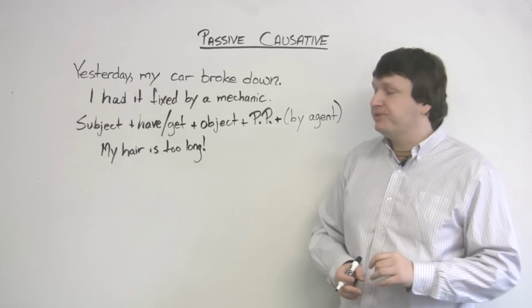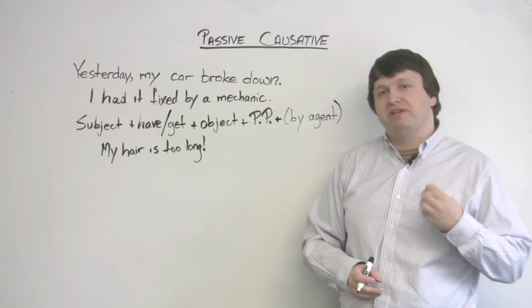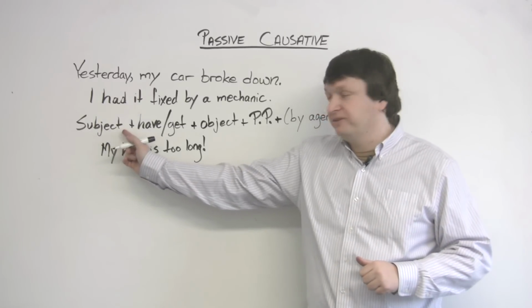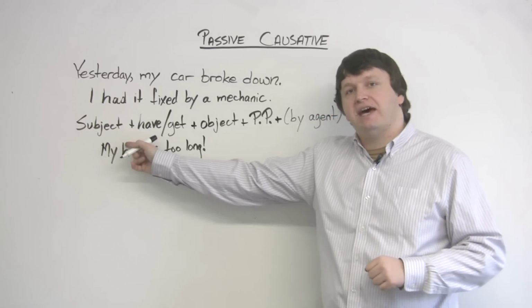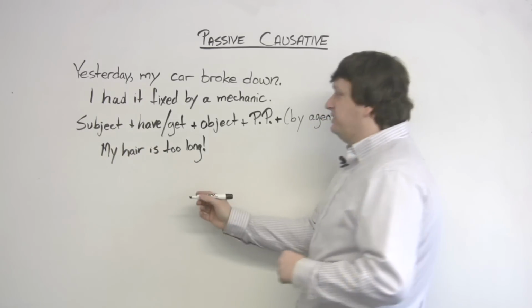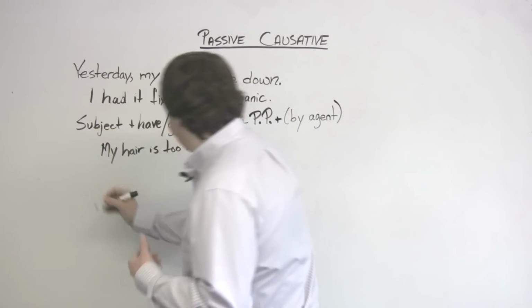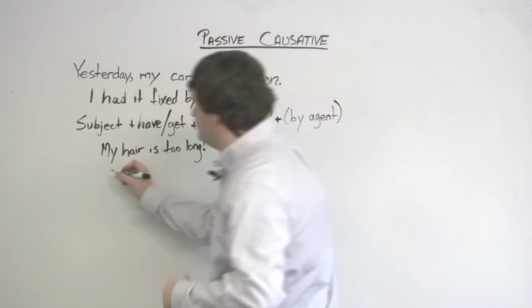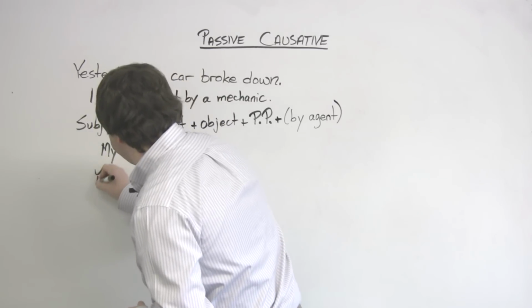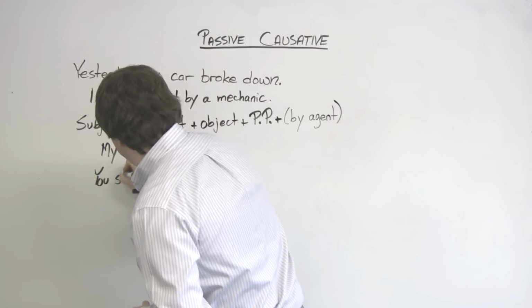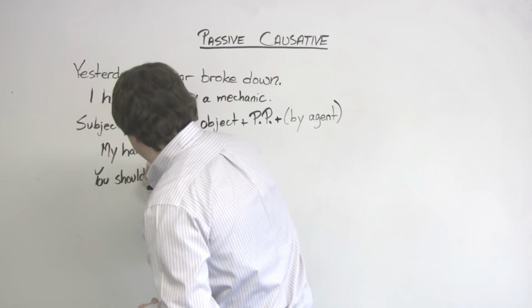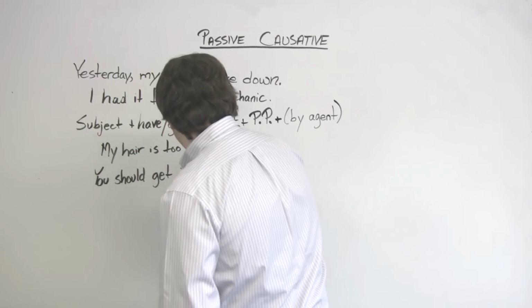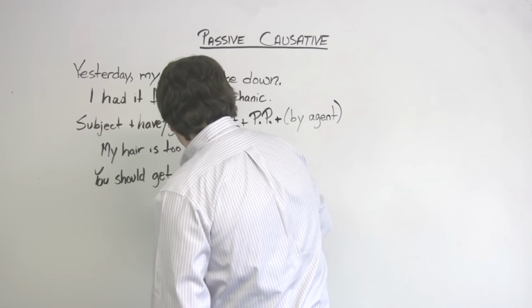So you can actually use the passive causative as a way of giving advice as well if you throw in a modal between the subject and have and get. Okay? So for example, well, my hair is too long. You give me advice and you say, well, Alex, you should get it cut.